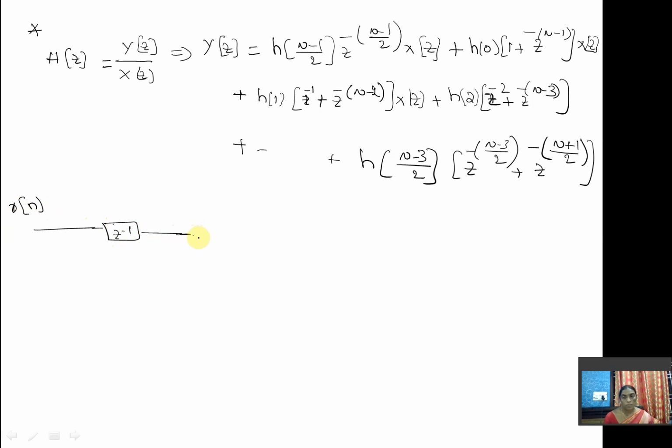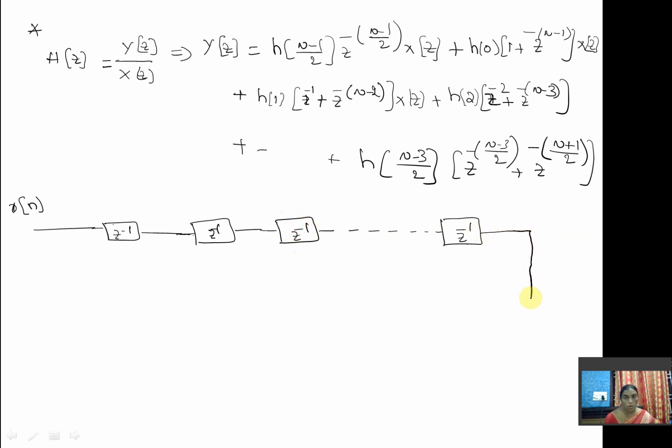N minus 1, but here N is odd, so N minus 1 means an even number of delay units.